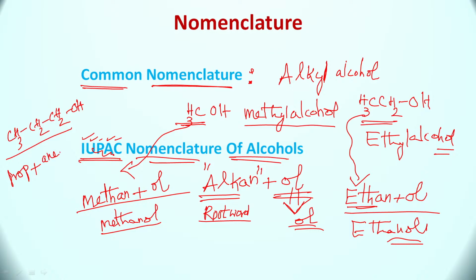And what is the secondary suffix? The main functional group is ol. In place of e you have to write ol. You have to remove e. So it will be propanol. This is about common nomenclature and IUPAC nomenclature of alcohols.